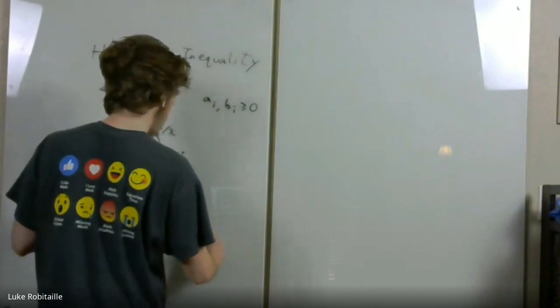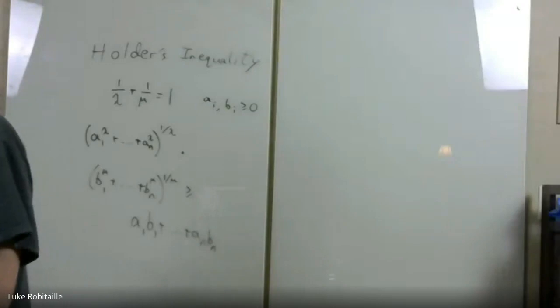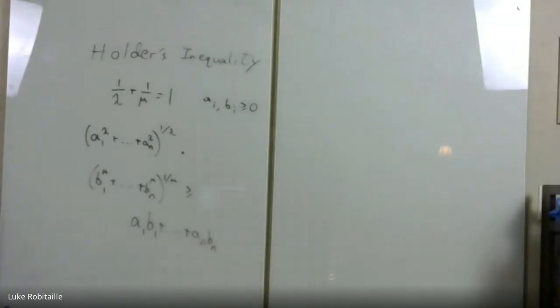So you'll notice that for the special case of lambda equals mu equals 2, this is just Cauchy-Schwarz, essentially.